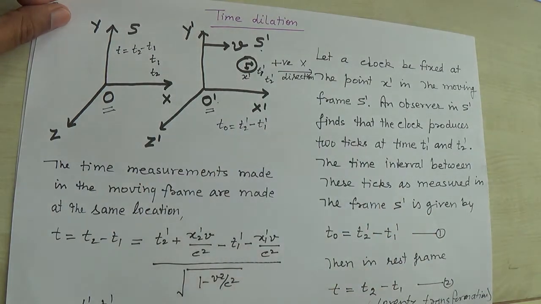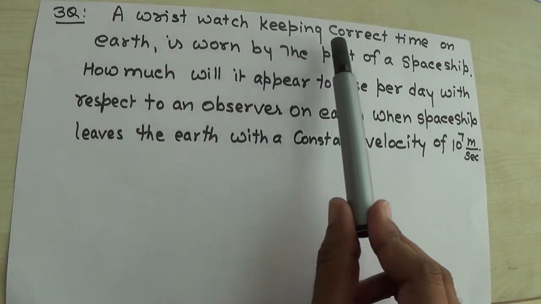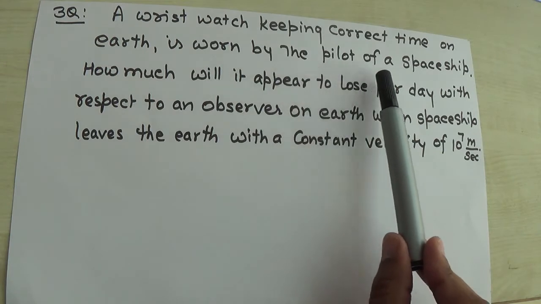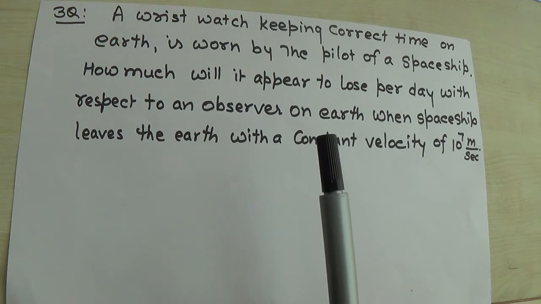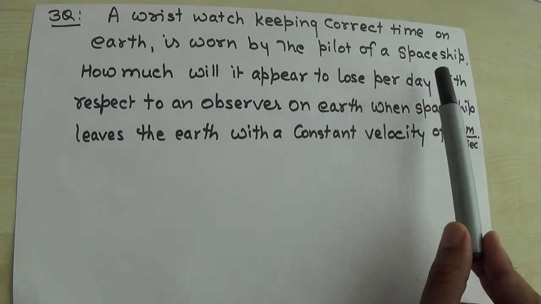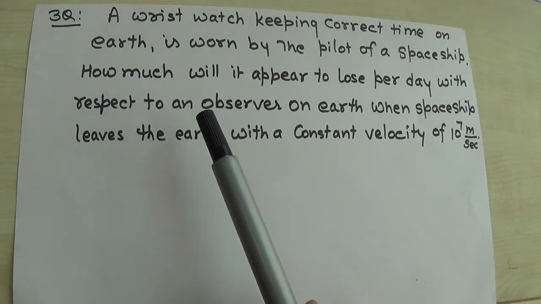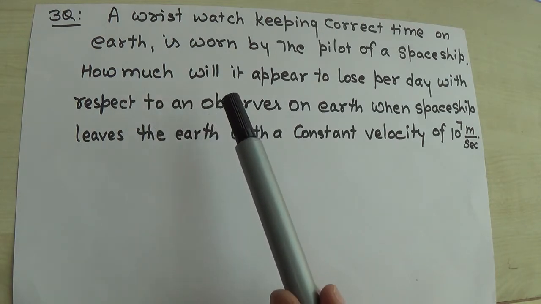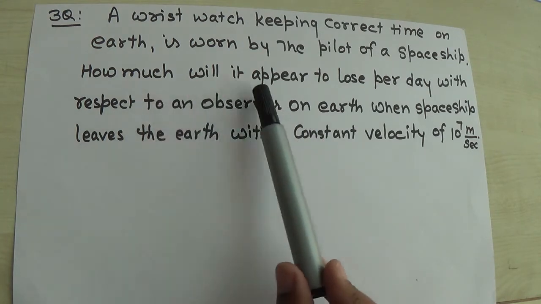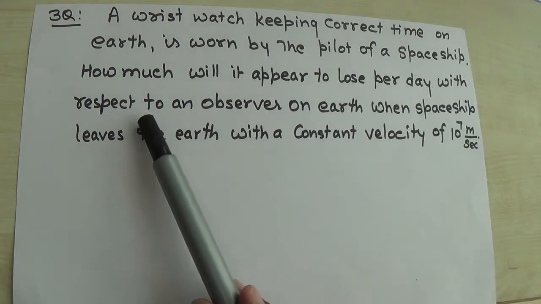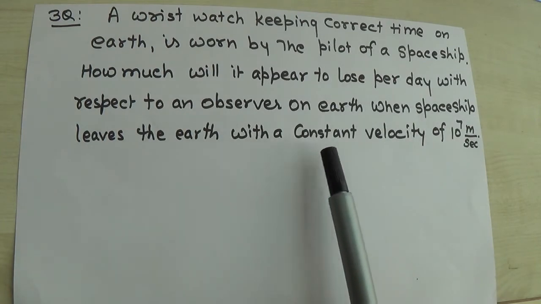So in this particular numerical problem, a wristwatch keeping correct time on earth is worn by the pilot of a spaceship. So there are two clocks basically, one is on the earth and second is in the spaceship. So we have to find out the time difference between them, right, according to this relative motion. So how much will it appear to lose per day with respect to an observer on earth when a spaceship leaves the earth with a constant velocity?